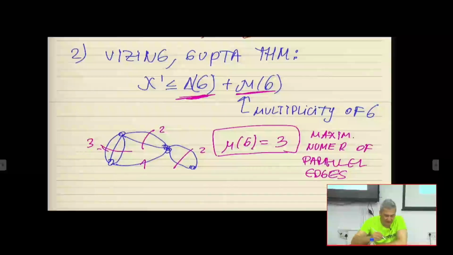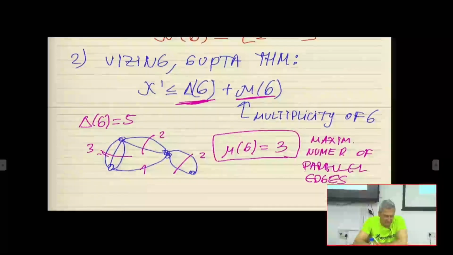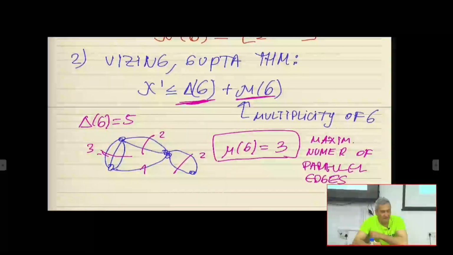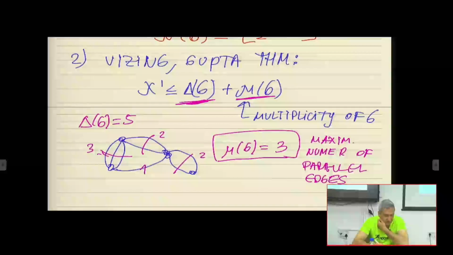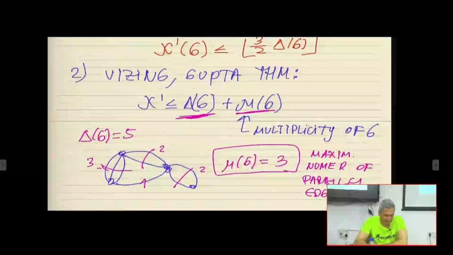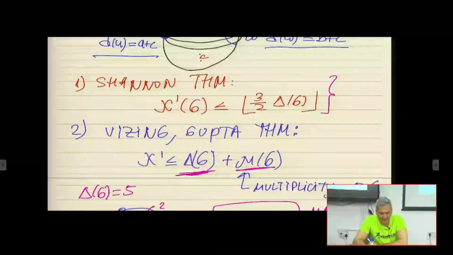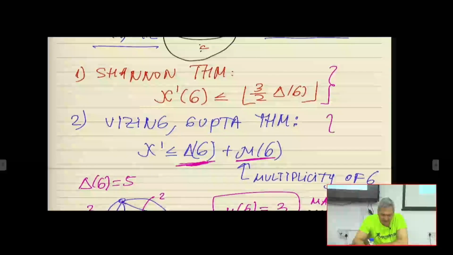But what is the maximum degree of this graph? 5. Yes. So you should be careful. It's not 3. So maybe in the exercise part we will see the proof of the Shannon theorem. I will give it as an exercise, since it is a little bit too much.